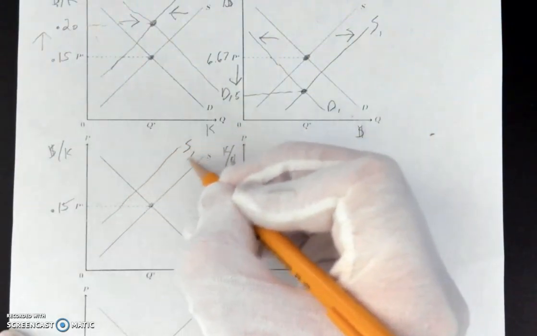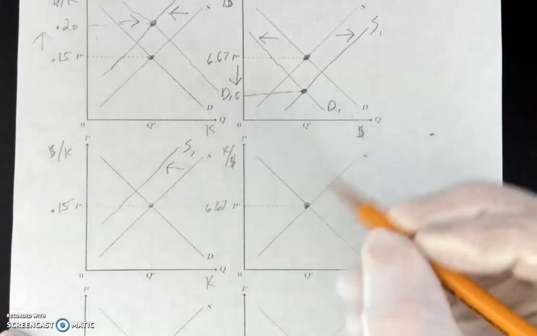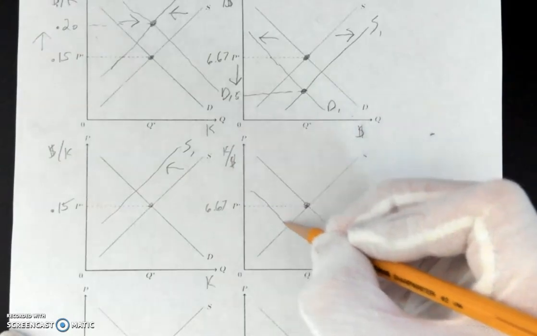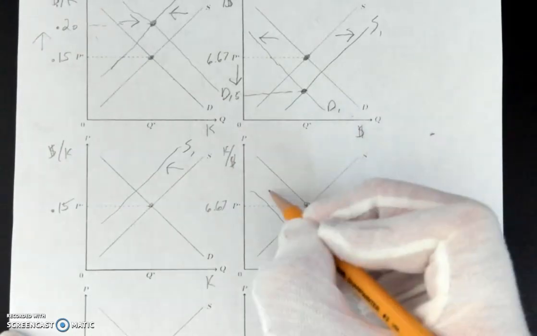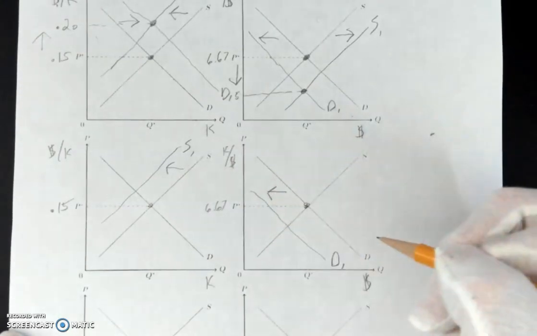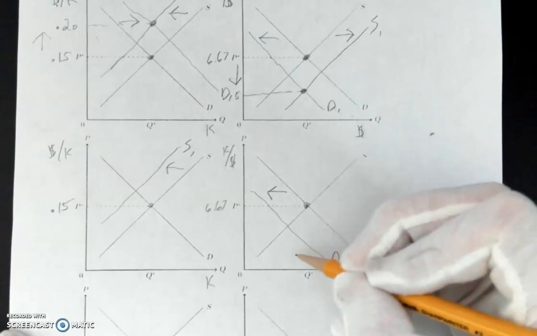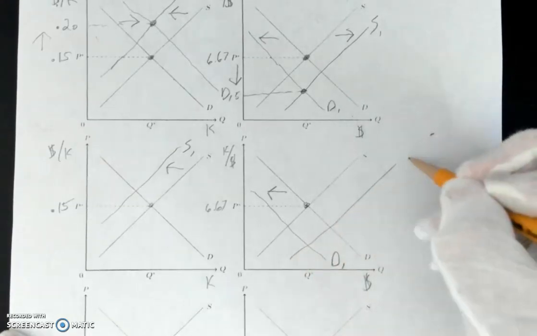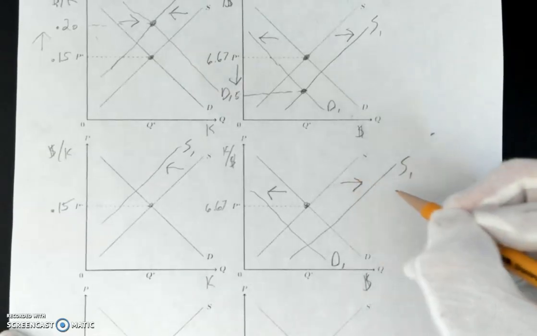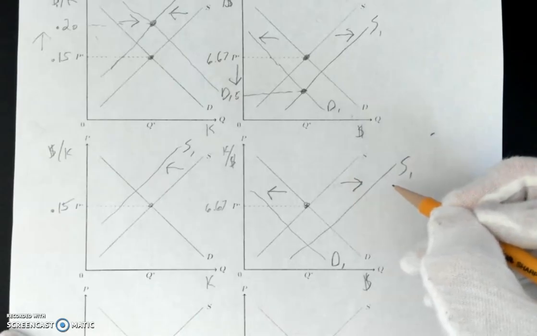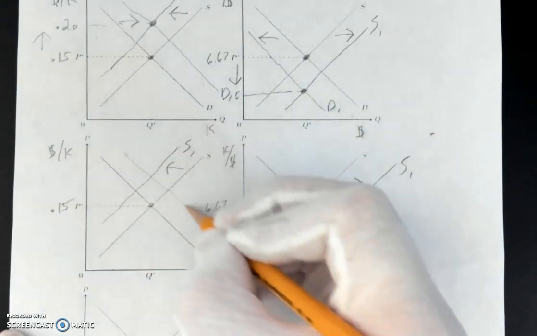Supply curve for krones is going to shift to the left. Why? Because they want to demand less dollars. How are Americans going to respond? Well, if we think the dollar is going to drop in the future, we want to get rid of dollars, so we're going to supply more. Supply curve for dollars is going to shift to the right. But that means that the demand for krones is going to shift to the right.